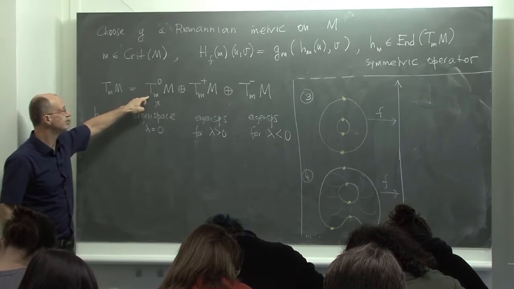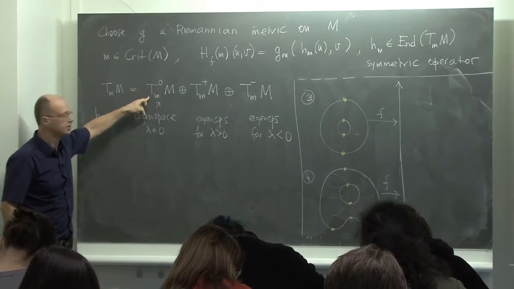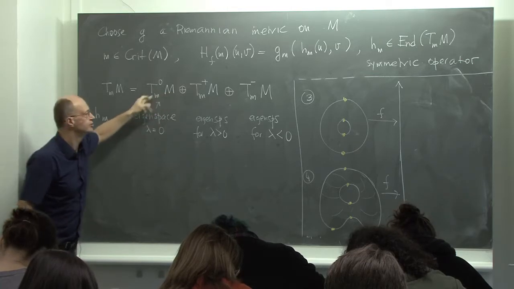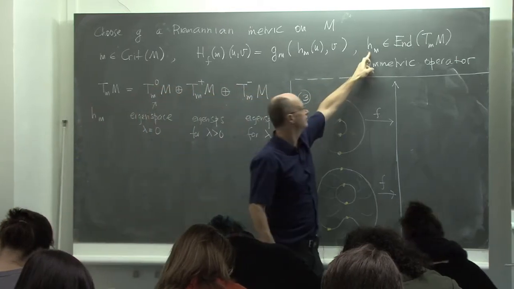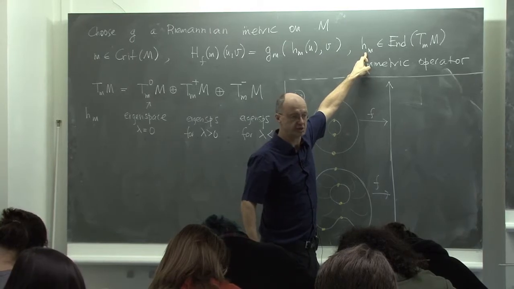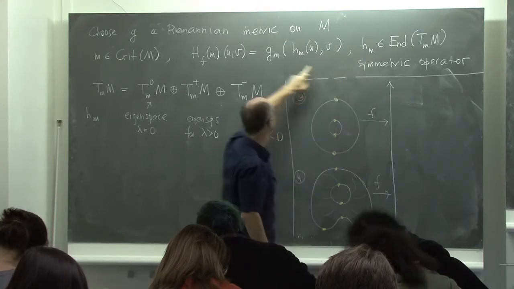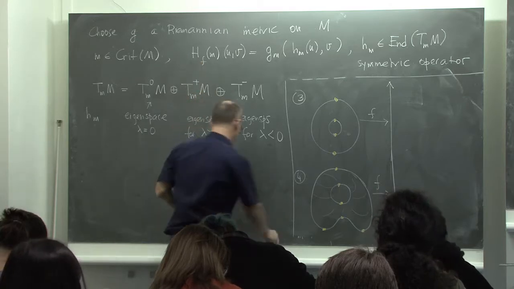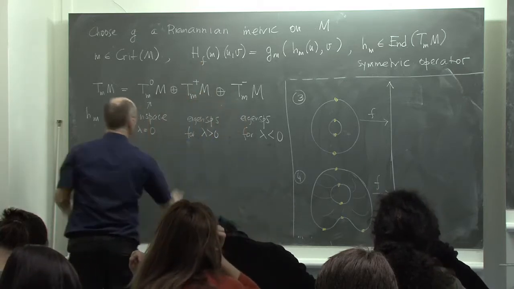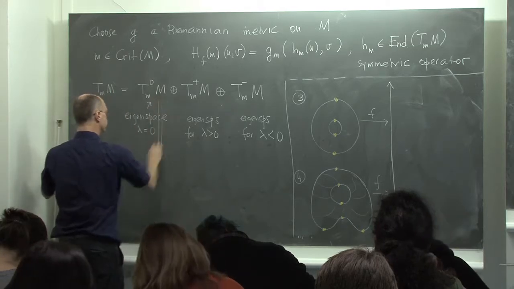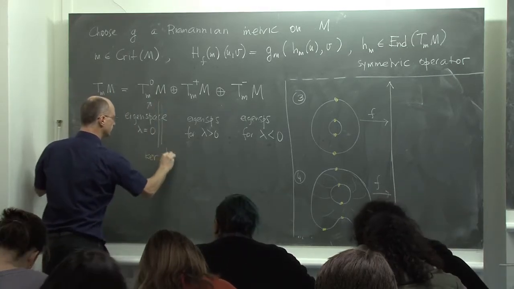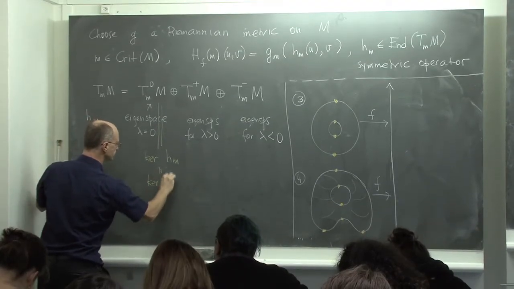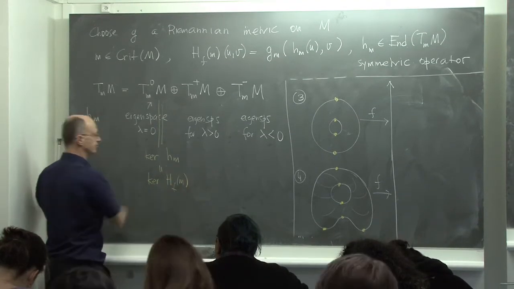In fact, if our function is Morse-Bott, we already know what this one is. That's the kernel of the operator H_m, and as a consequence, the kernel of the bilinear form. So this is the kernel of H_m, which is the same as the kernel of the bilinear form.